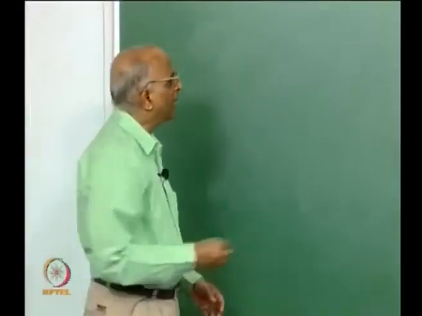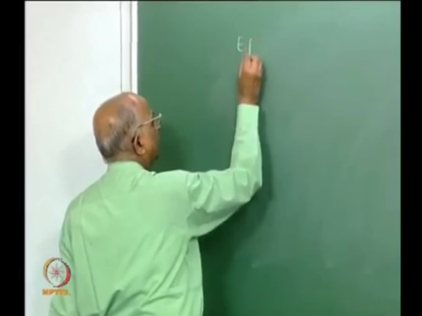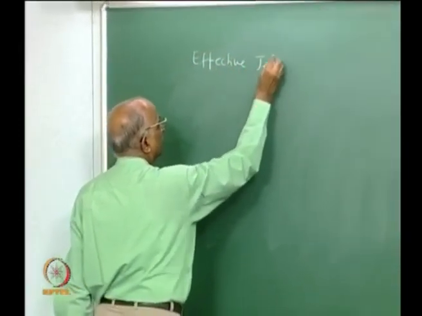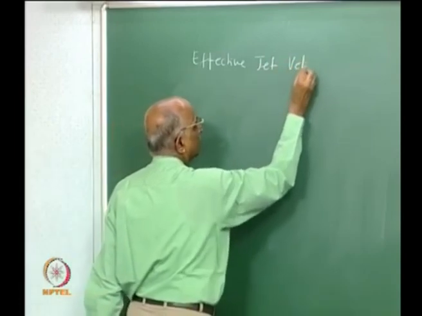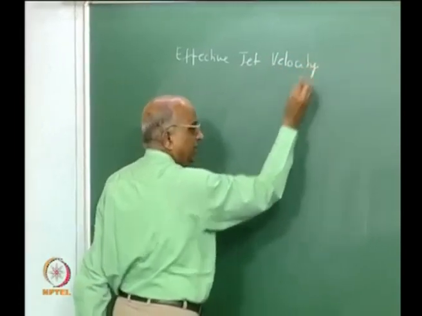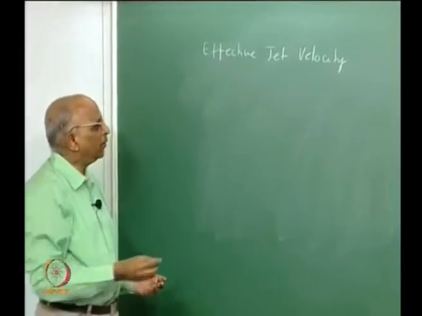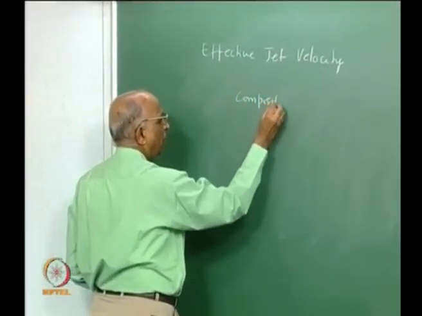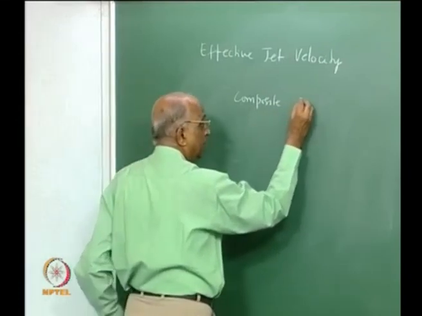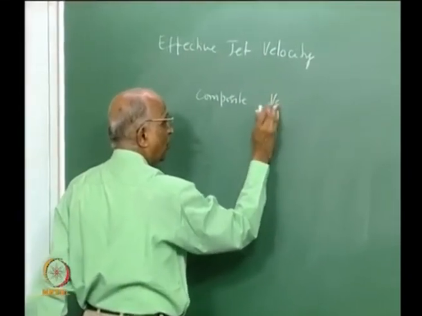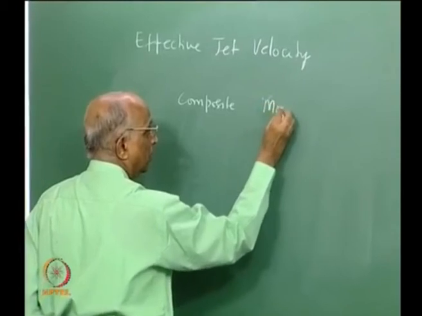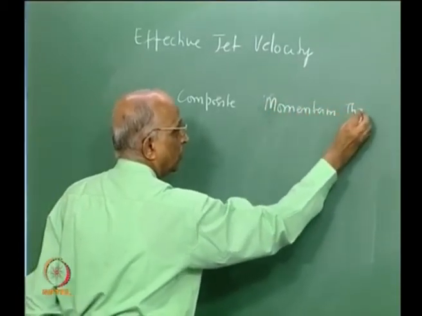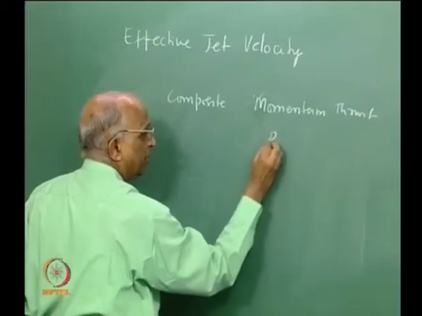Now, sometimes an effective jet velocity is defined in the literature to determine the composite of the jet or the velocity thrust, or the momentum thrust, and the pressure thrust.